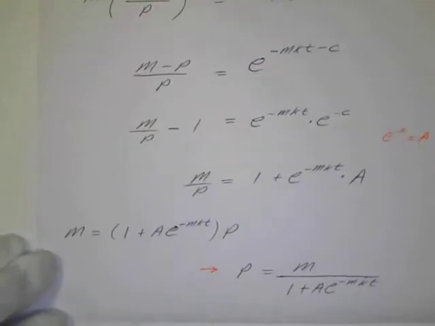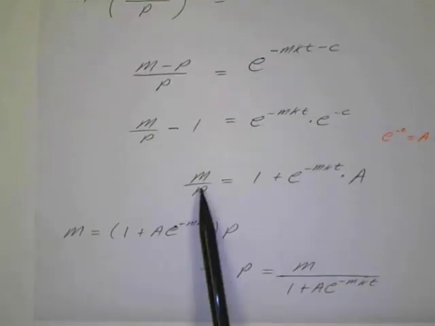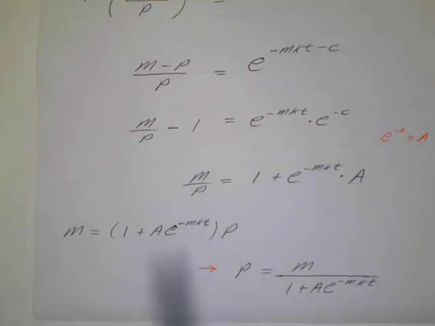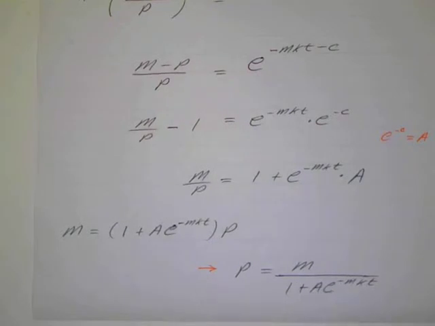Oops, sorry, right down there. Okay? So again, I multiplied p times this binomial, and I moved the a in front. Then I divided both sides by this binomial, and I have m over this binomial, 1 plus a e to the negative mkt, and that equals p.